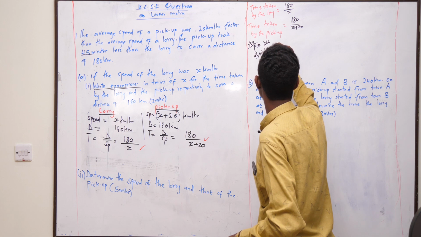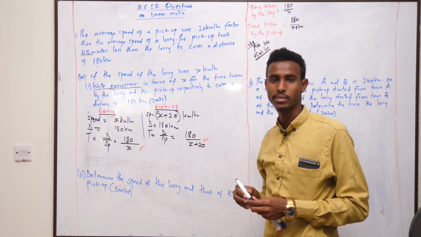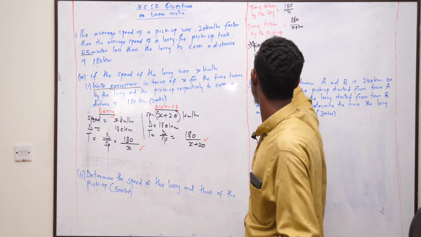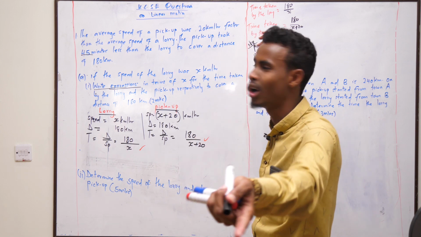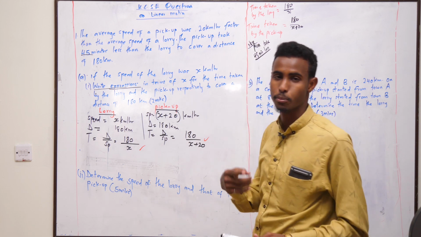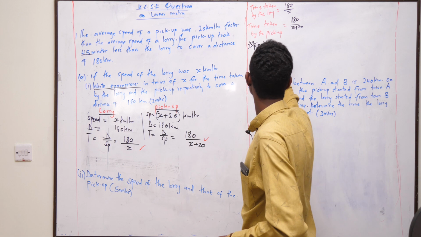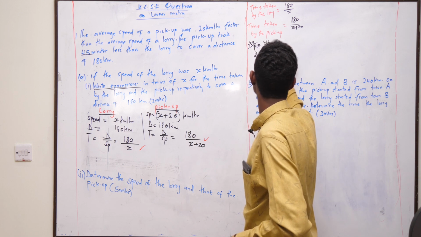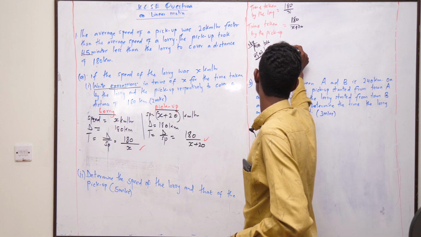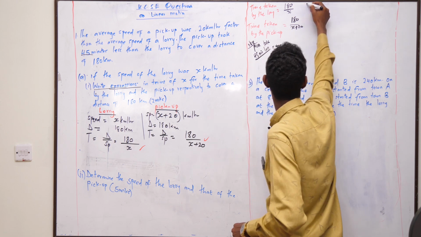That means when we subtract the time taken by the pickup from the time taken by the lorry, we get 45 minutes. Let's express 45 minutes in hours: 45 over 60, divide by 15, gives 3 over 4. That is 3/4 hours.